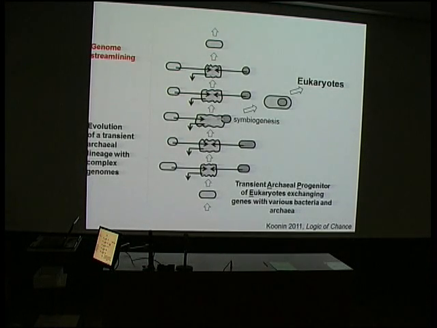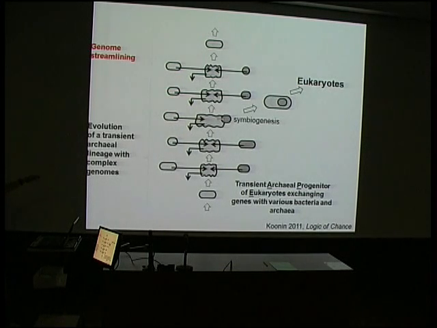So putting it all together, I want to propose the following scenario of the eukaryotic origin. Very schematic. It's something which I call the archaeoprogenitor scenario, the transient archaeoprogenitor of eukaryotes, which exchanged genes with various bacteria and archaea.